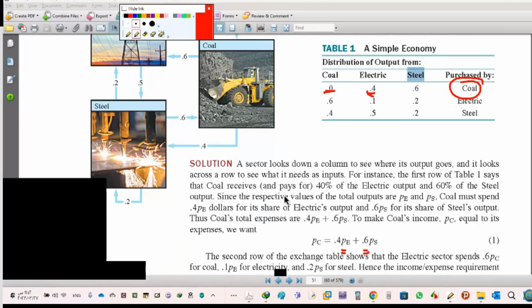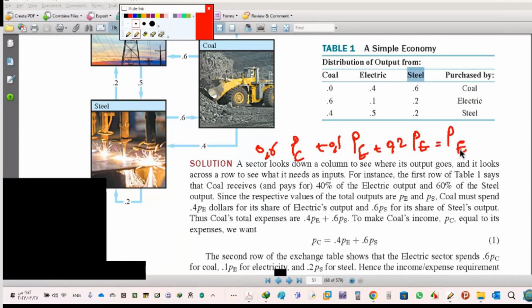Another one you can write with me: 0.6 B coal plus 0.1 B electric plus 0.2 B steel equals B electric. Same thing for the third one: 0.4 B coal plus 0.5 B electric plus 0.2 B steel equals B steel.